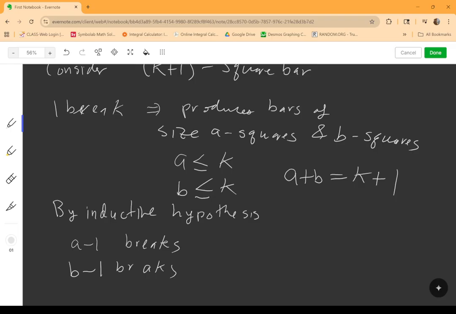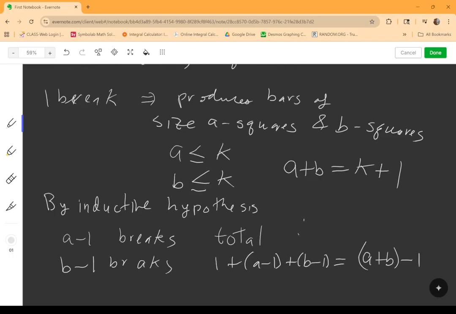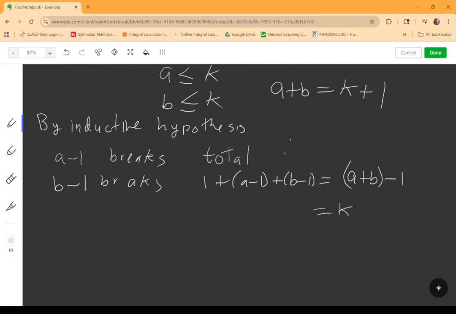So putting that together, we have a total of 1 plus A minus 1 plus B minus 1, which equals A plus B minus 1, and A plus B is K plus 1, minus 1, so we get K. Excuse me, K breaks. All right. So P of K plus 1 is true.